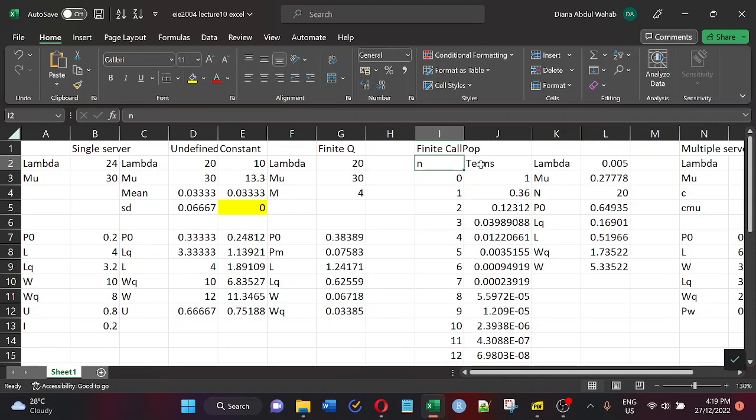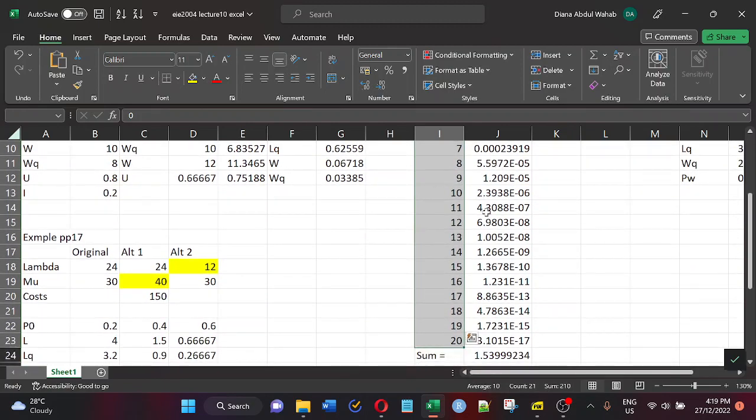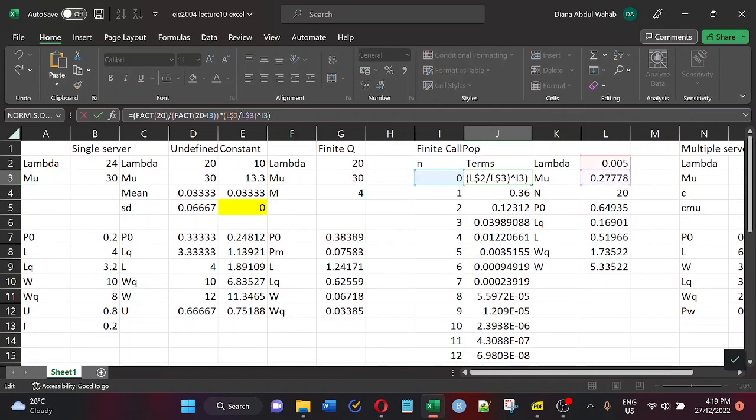This is actually explained in the lecture notes as well. So you put n from 0 until 20, and for each of these you take factorial of 20 divided by factorial 20 minus n, first you start with 0 and then multiply with lambda divided by mu to the power of 0, and then you go to 1, to the power of 1, and so on.